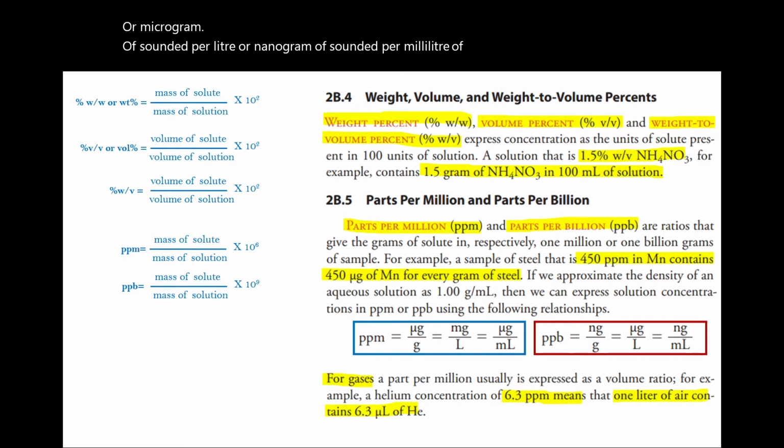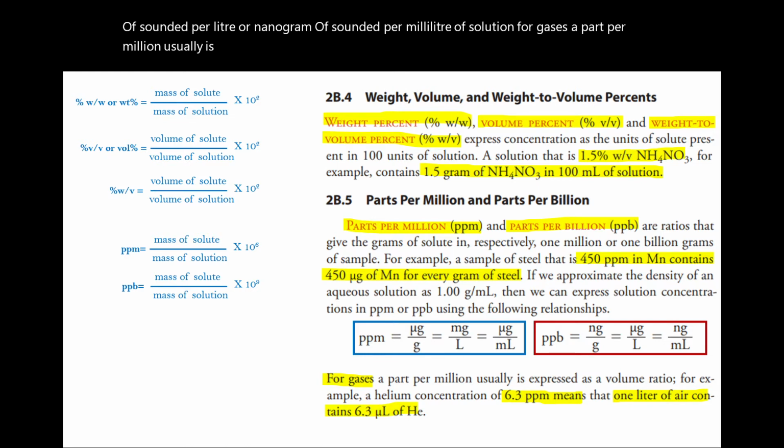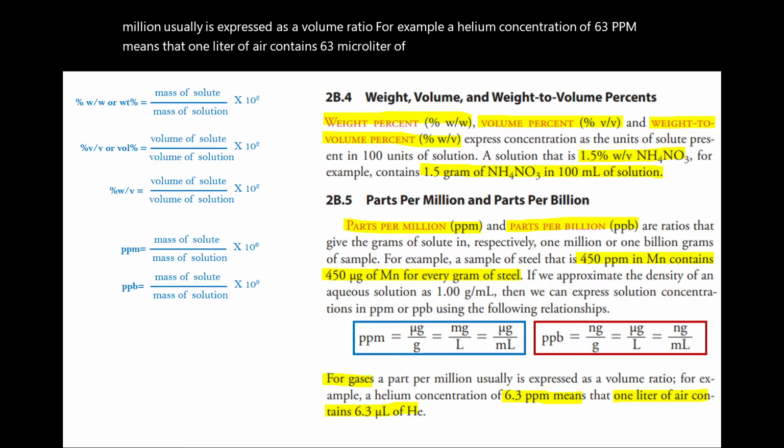For gases, a part per million usually is expressed as a volume ratio. For example, a helium concentration of 6.3 ppm means that 1 liter of air contains 6.3 microliter of helium. That is for gases.